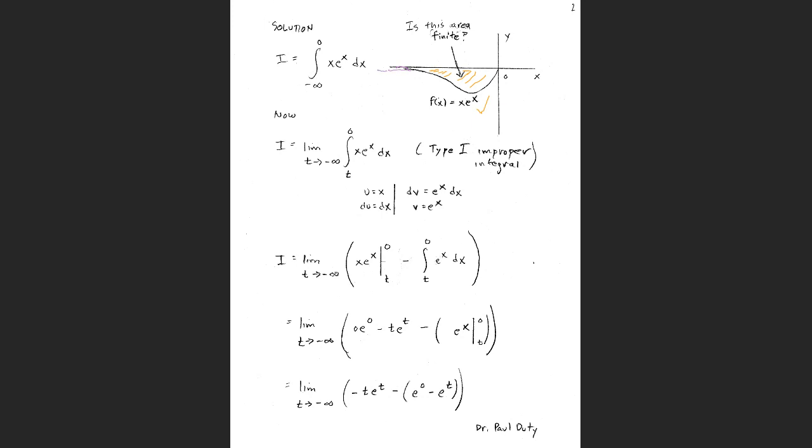The function keeps going, and it gets closer and closer to the axis. I'm trying to draw it the best I can here. The function gets closer and closer to the x-axis as x goes to negative infinity.